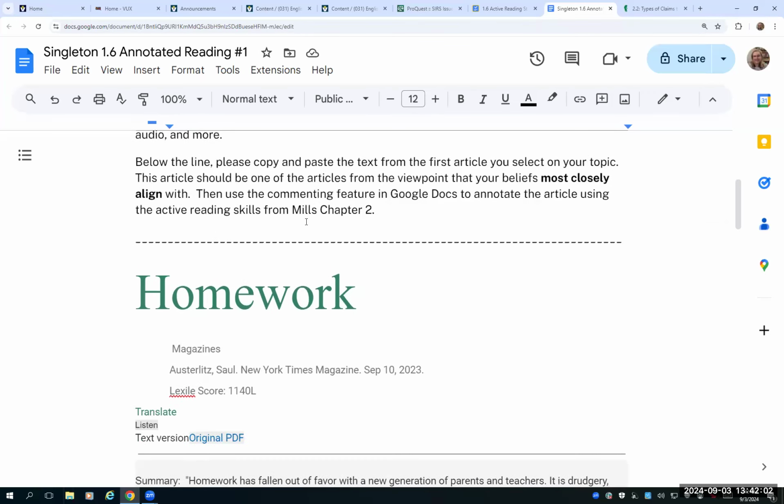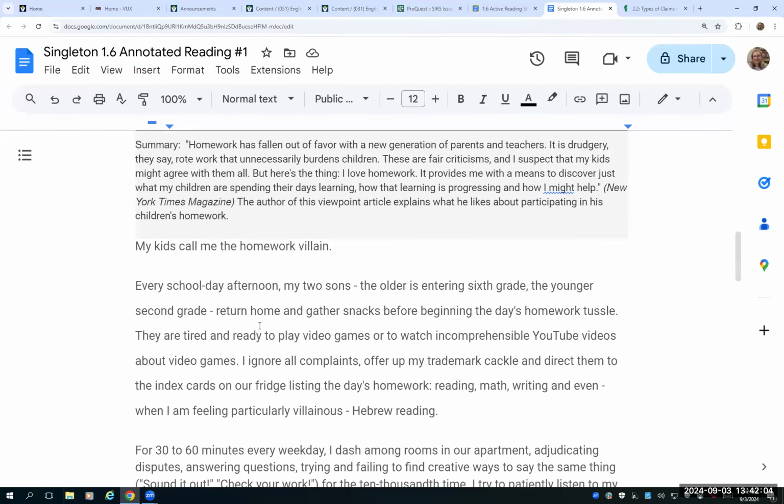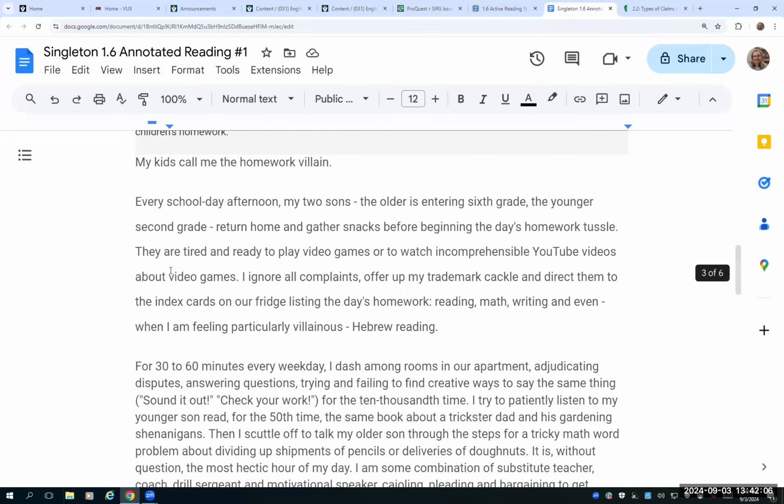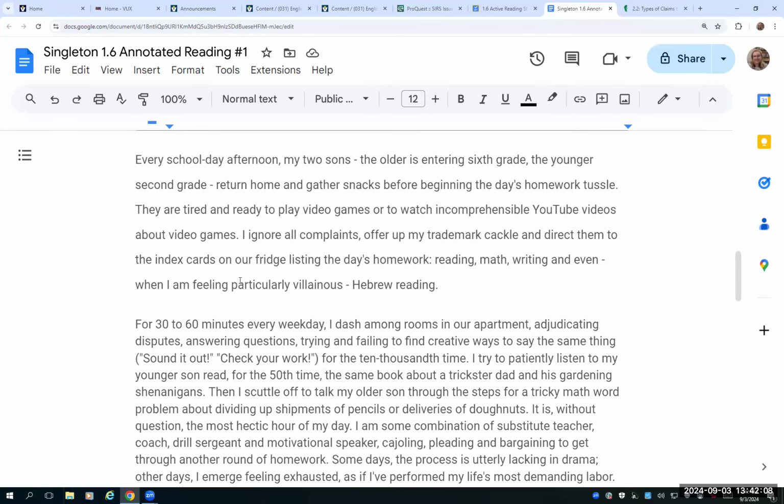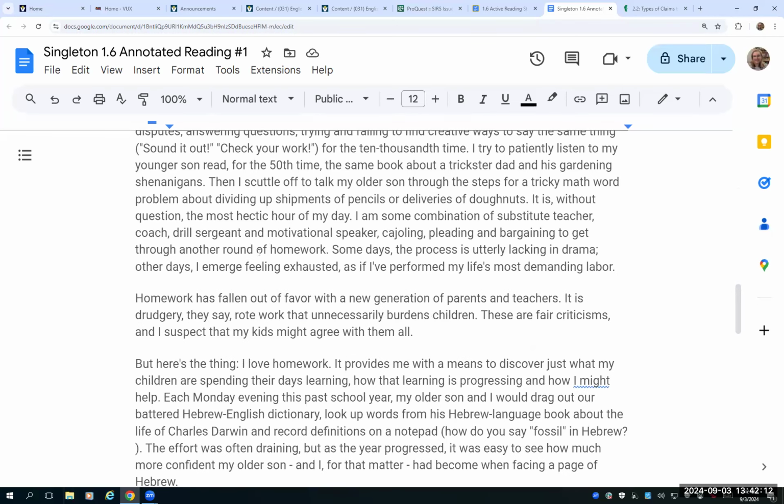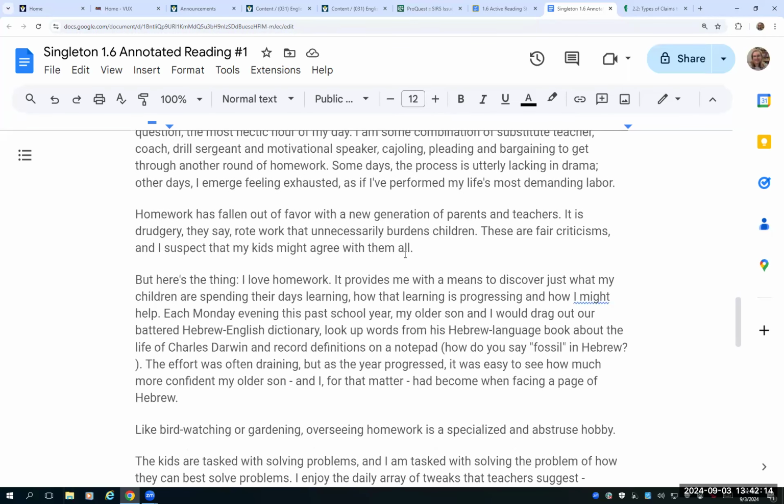So you'll be going through here and looking for claims. I'm going to give you an example here. It's talking about how homework is drudgery, rote work that unnecessarily burdens children.